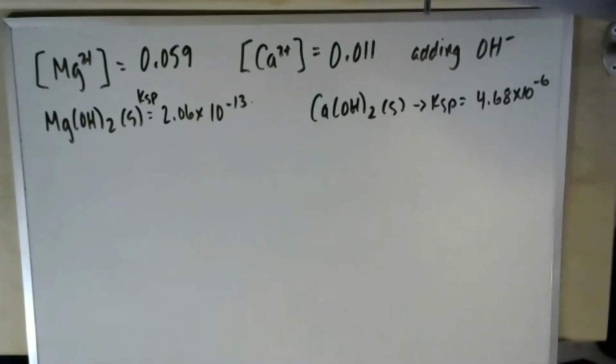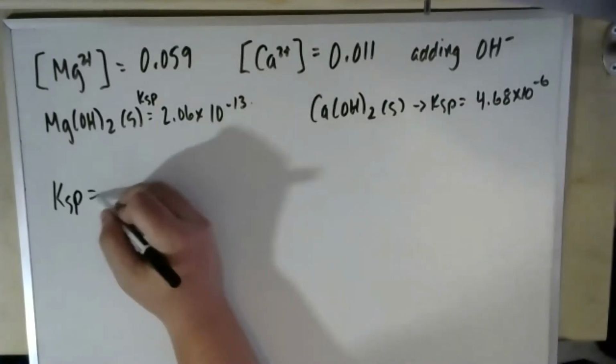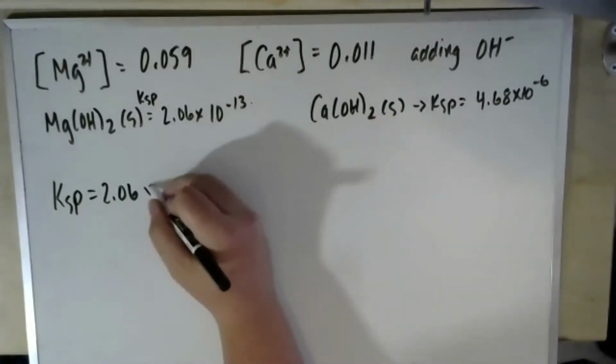Okay. So the first question asks us, what's the minimum hydroxide ion concentration to trigger the precipitation of the Mg2+? So we're going to use this KSP value to figure that out. We know that the KSP equals 2.06 times 10 to the negative 13. Just look that up.